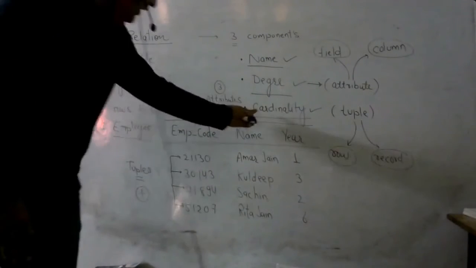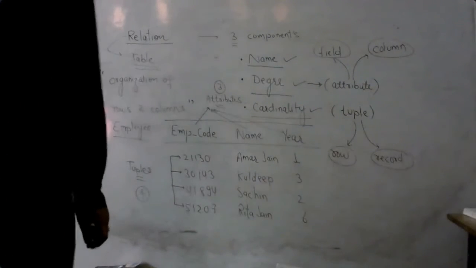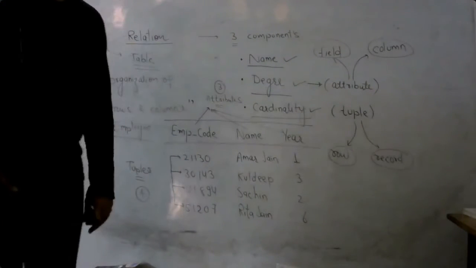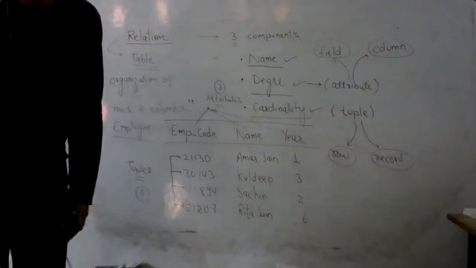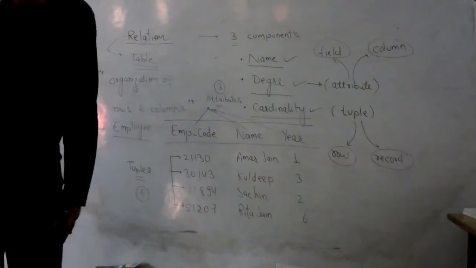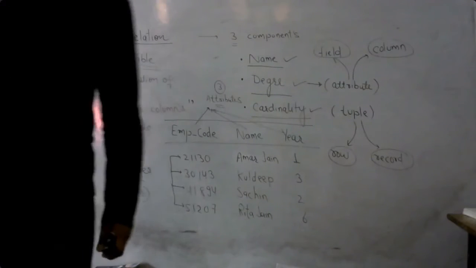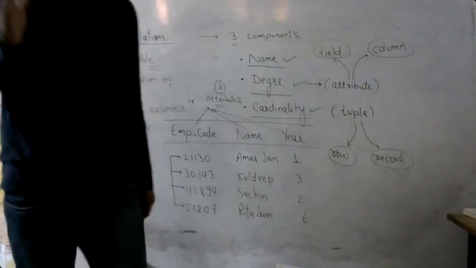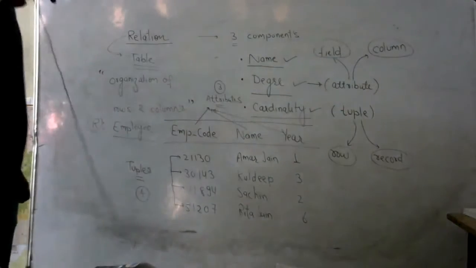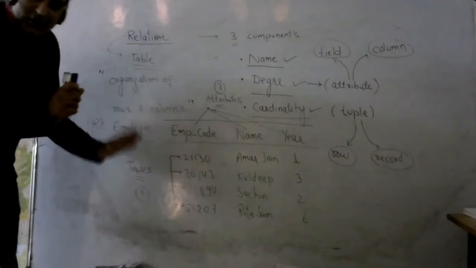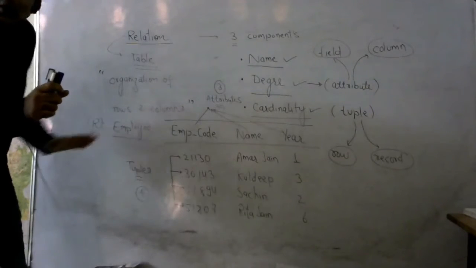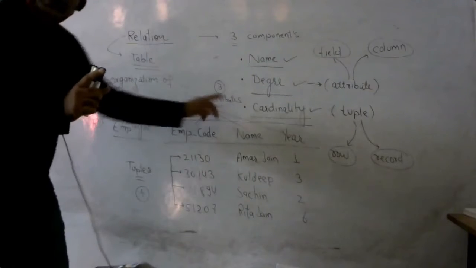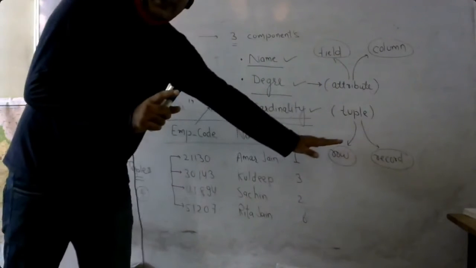And now next point, what do we mean by cardinality? What do we mean by the term cardinality? Number of tuples in a relation, number of rows in a relation, number of records in a relation. What I'm saying, you listen carefully. If we talk about tuples, means when we move from horizontal, means left to right. If we move vertical, that means attribute. When we move horizontal, left to right, that is record.